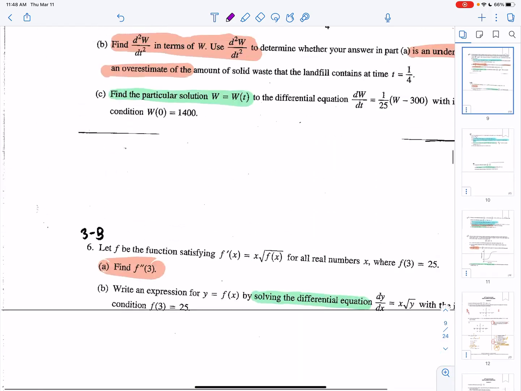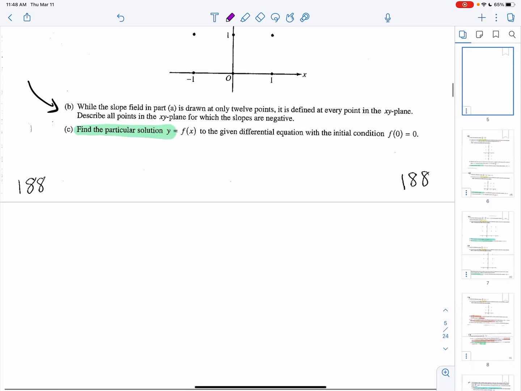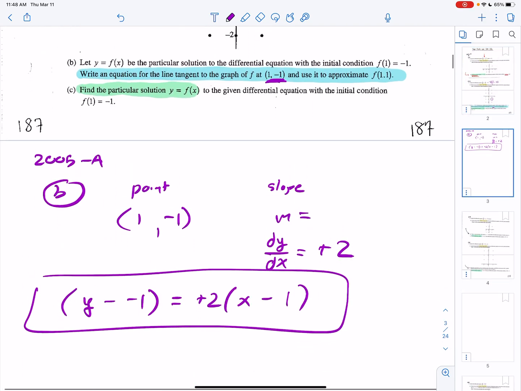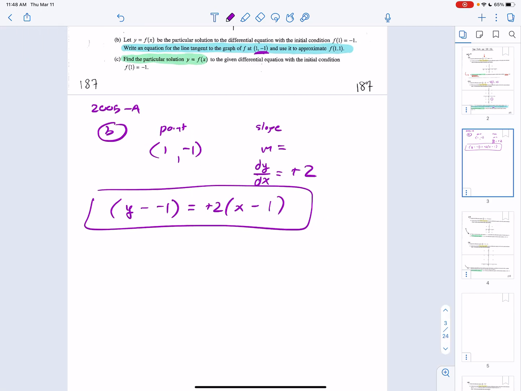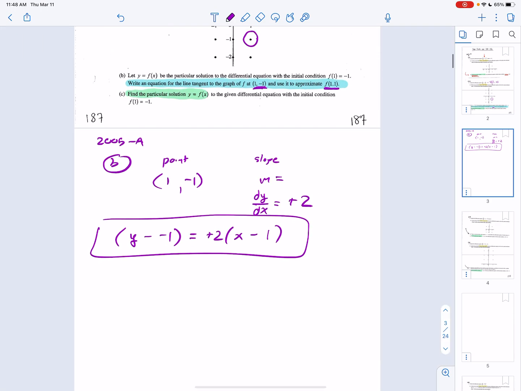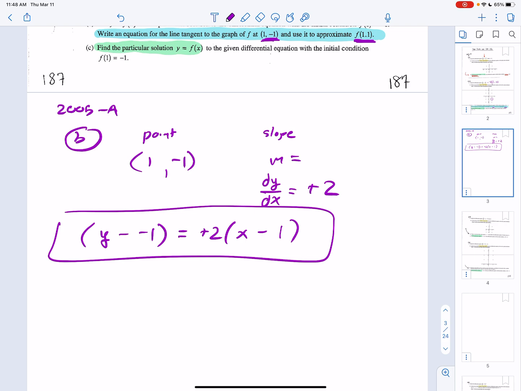Okay, so here's where you get to really upset the AP readers. They're asking us now to approximate f of 1.1. So we're using this tangent line to approximate, because it says write an equation of a tangent line and use it to approximate.